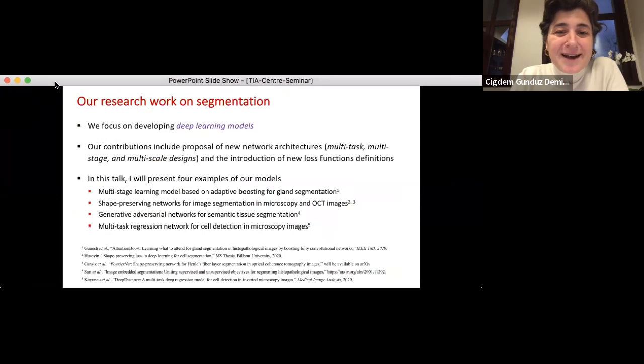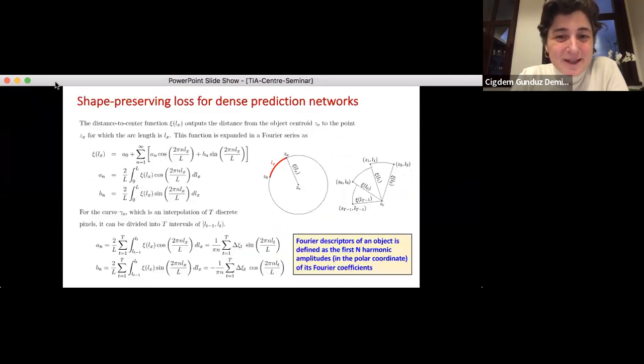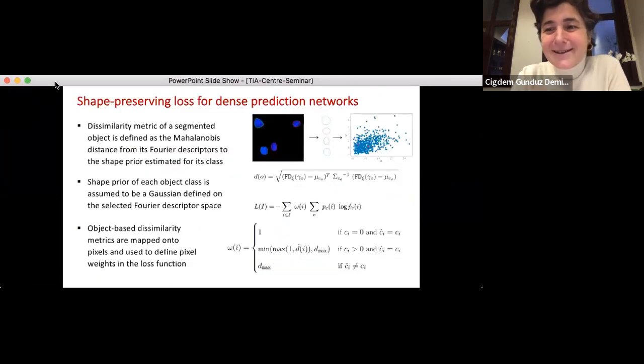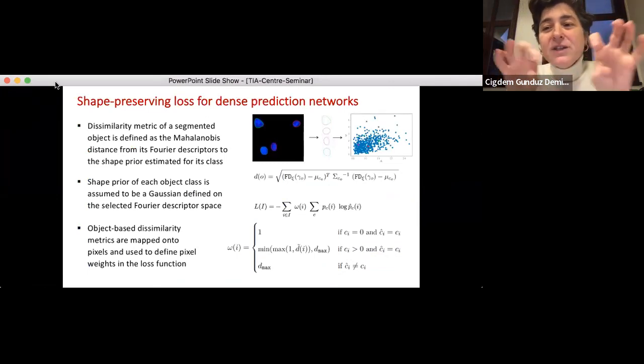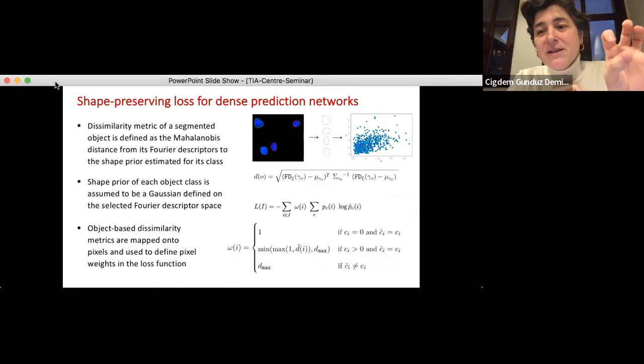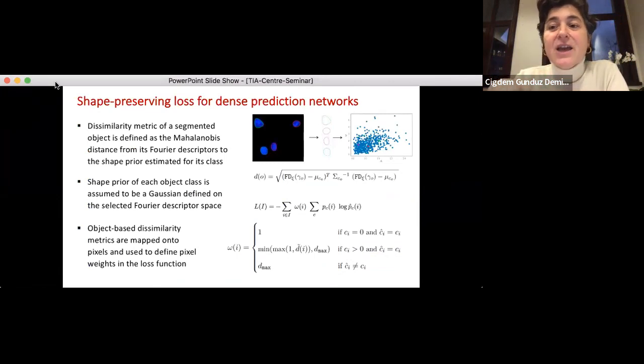I believe that I got the question. So you're not matching the segmented objects with the ground truth, but for all of the ground truth objects, you are estimating a distribution.